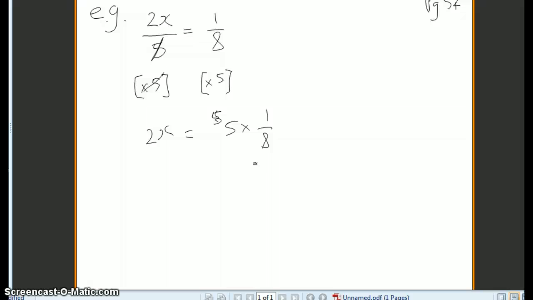There's a couple of ways of doing this, but again, as long as you do the same thing to both sides, you can do anything you like, really. I'm going to get rid of the 8 by multiplying both sides by 8. Okay? Left hand side by 8, right hand side by 8. Both sides. 2 times 8? 16.